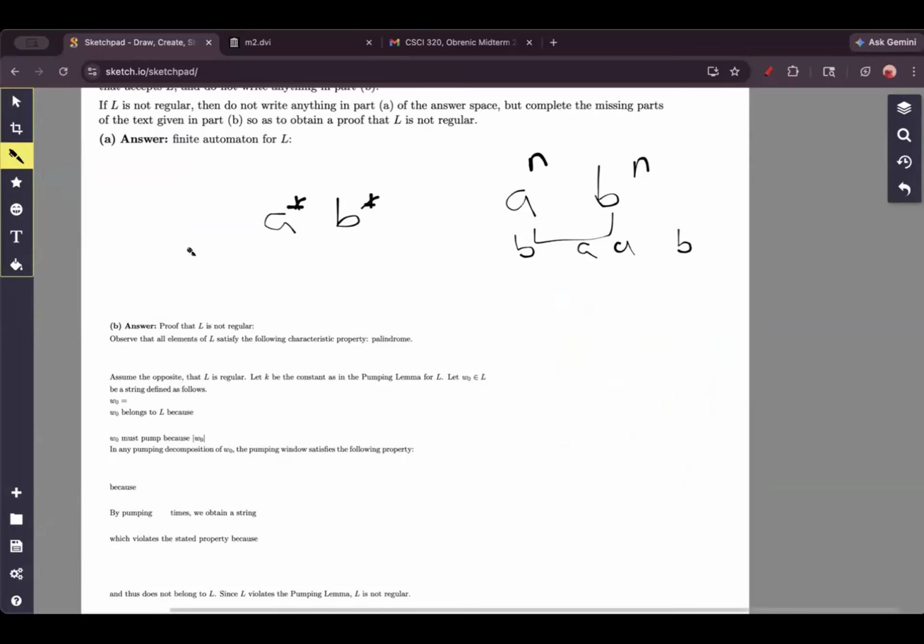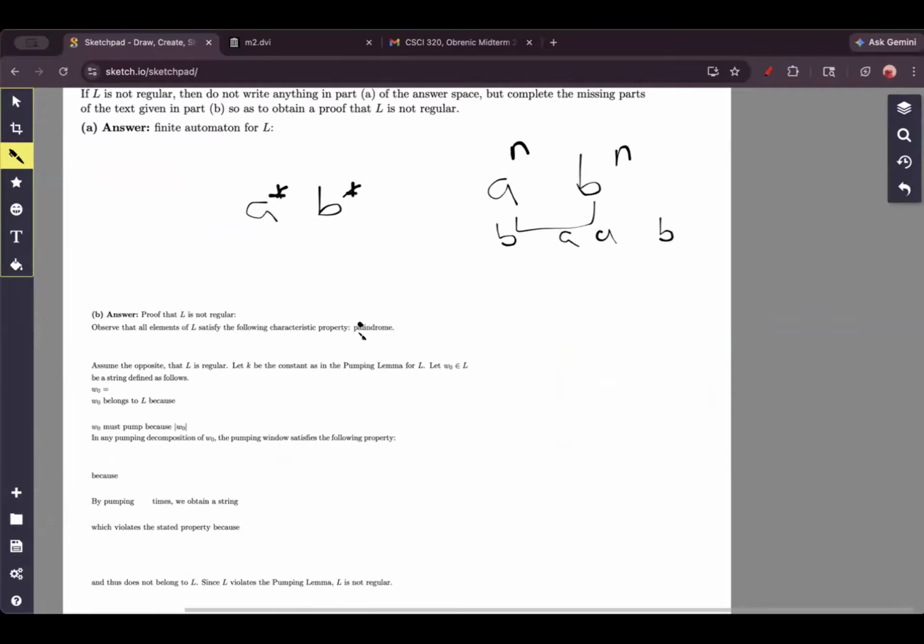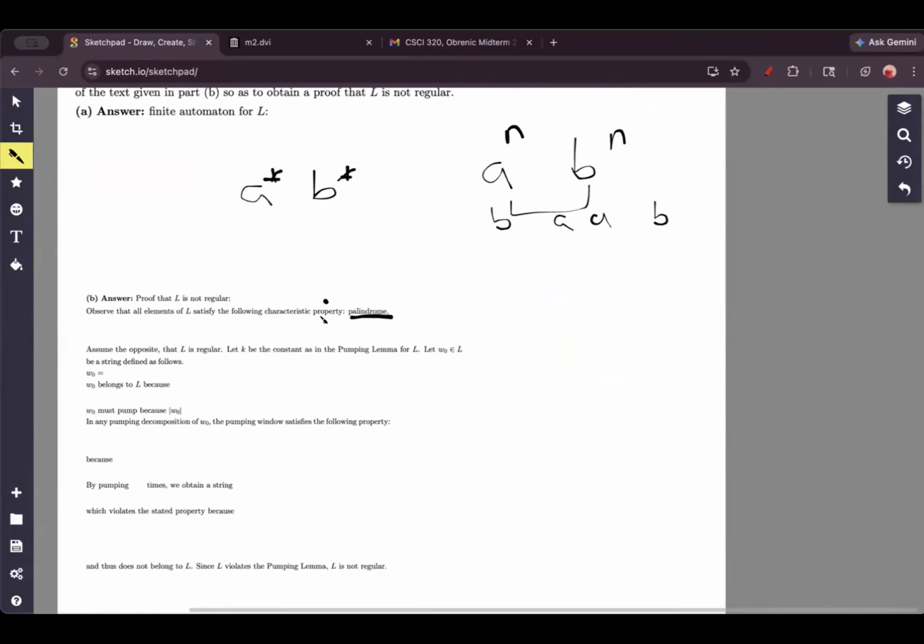So our property that is broken by this statement is a palindrome, because we cannot keep track of how many letters we saw back and forth. We assume the opposite, that L is regular. If L is regular, then there's going to be a pumping constant for L. The pumping constant is basically any constant you set.